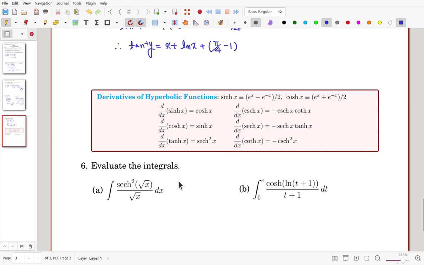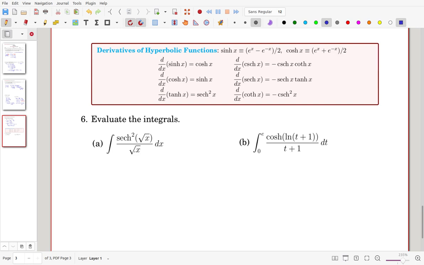Okay, here we have the table of derivatives of hyperbolic functions. This table will be given in your exam. Now we want to evaluate the integrals. For this one, if you use a change of variable, for example u equals square root of x, then du is the same as 1/2 times 1 over square root of x dx.